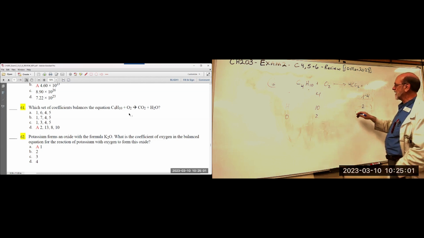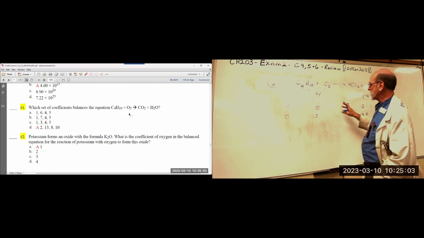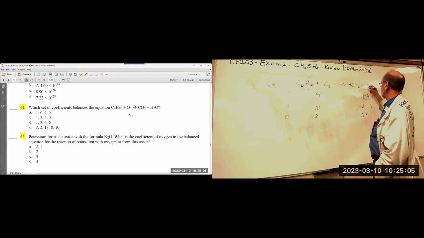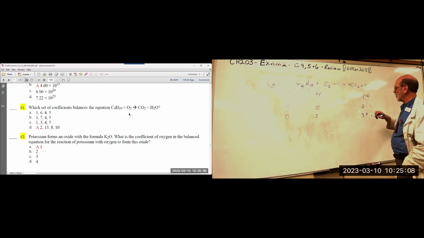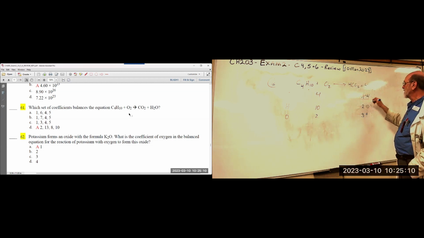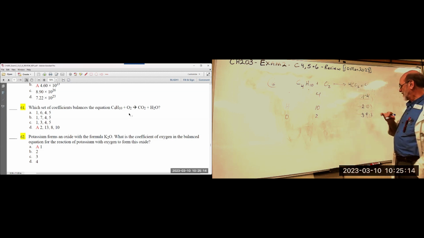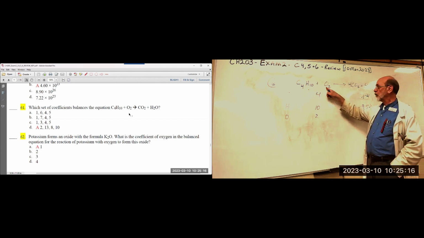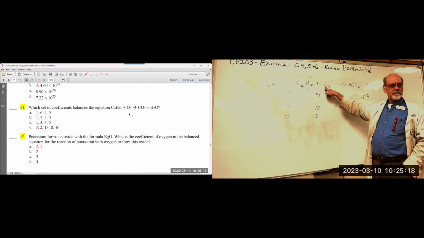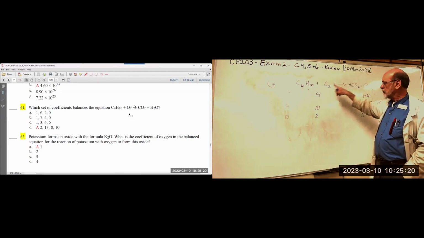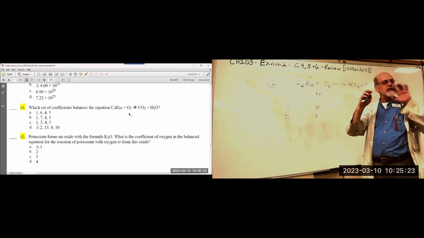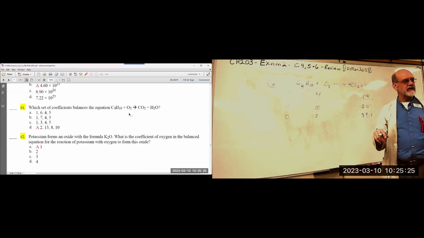Okay, now we come down to hydrogens. We've got 10 hydrogens here, we need 10 on this side. So there's a 5 coefficient there. Now we have 5 oxygens plus 8 is 13. Okay, and remember the trick. We're holding this element to last, because if you put a coefficient in front of that element, it only changes that one element, it doesn't change anybody else.